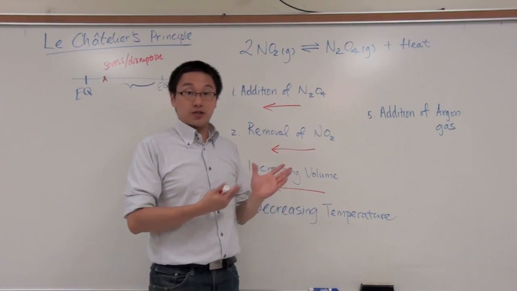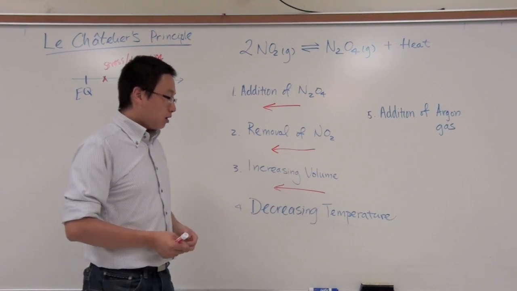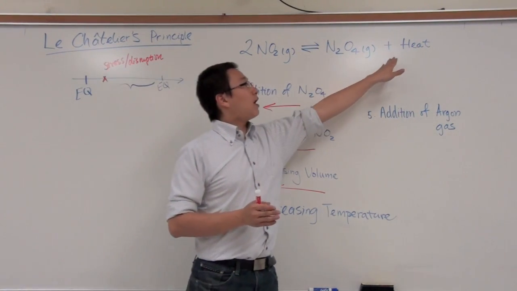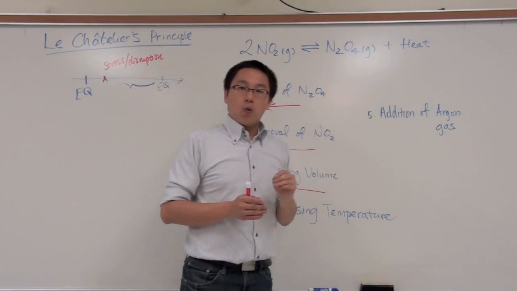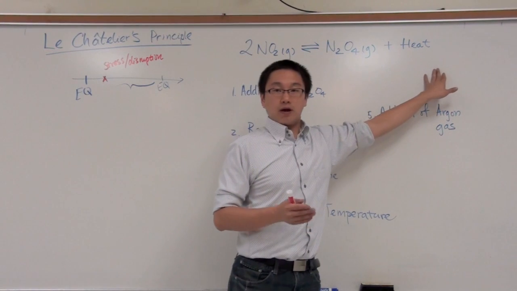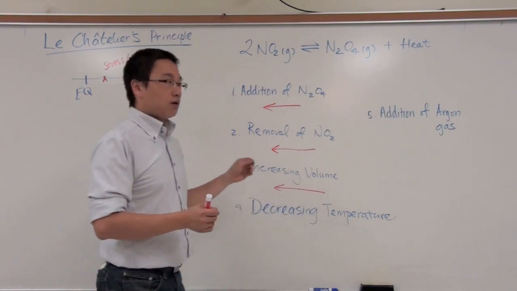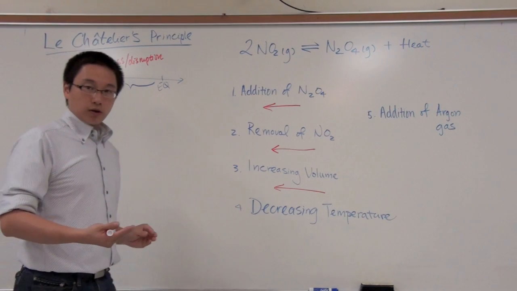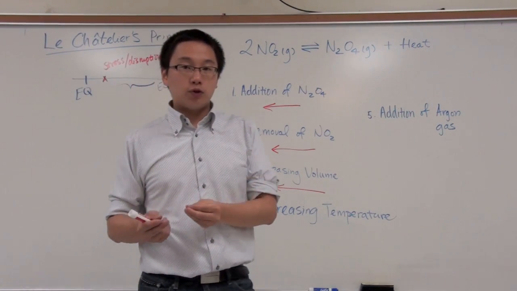In this case, since this is an exothermic reaction, we can use the logic of what happens if this is being removed. Well, if the heat is being removed, then it is not at equilibrium. And to get back to equilibrium, we have to produce more heat.